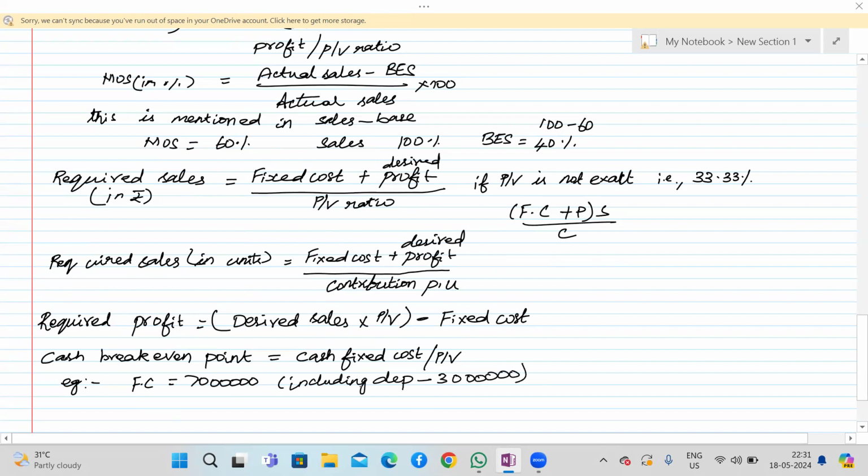Depreciation is a non-cash item, right? So I want to remove depreciation. Here cash fixed cost will be 70 lakhs minus 30 lakhs, that means 40 lakhs only I should consider as fixed cost.